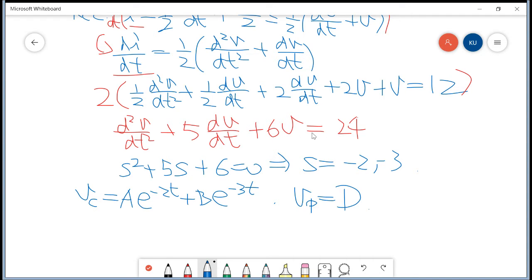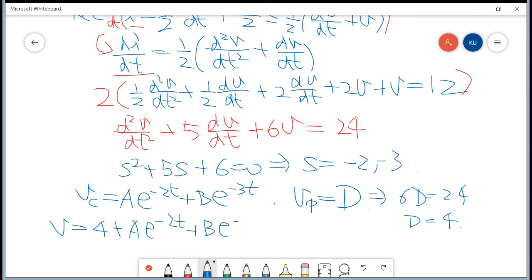So 6D will be 24. So we have 6D equals 24. In this case, D equals 4. Which means that V will be 4 plus A exponential to -2t plus B exponential to -3t.